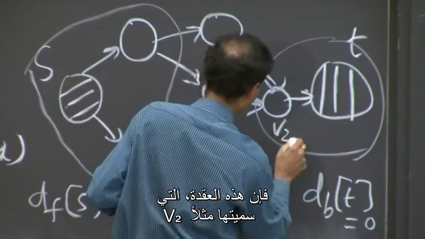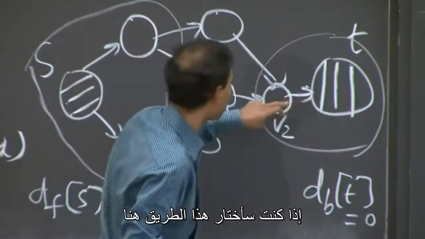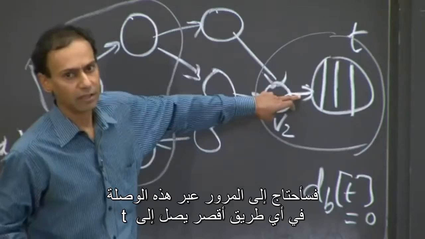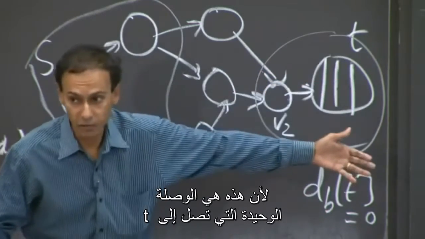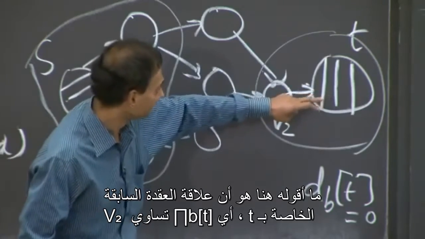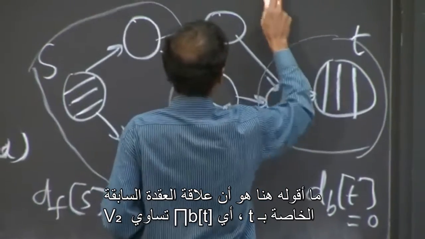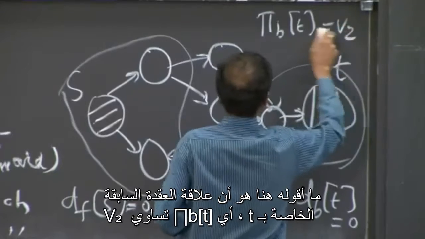which I'll call V2, for example, if I'm going to choose this path here, I obviously need to choose this edge here in any shortest path that gets to T, right? Because that's the only edge that goes to T. And so what I'm saying here is that the predecessor pi b t equals V2.